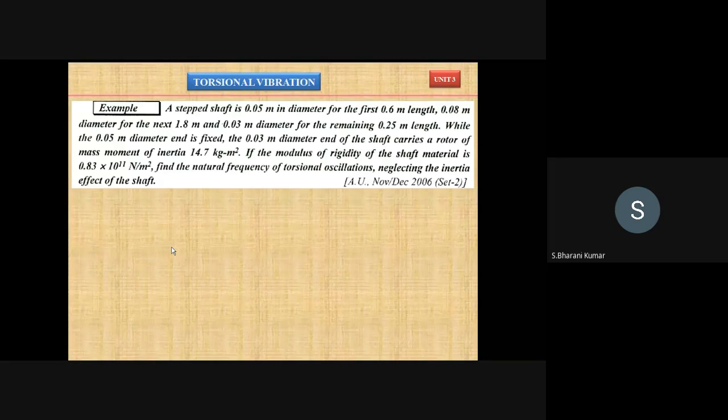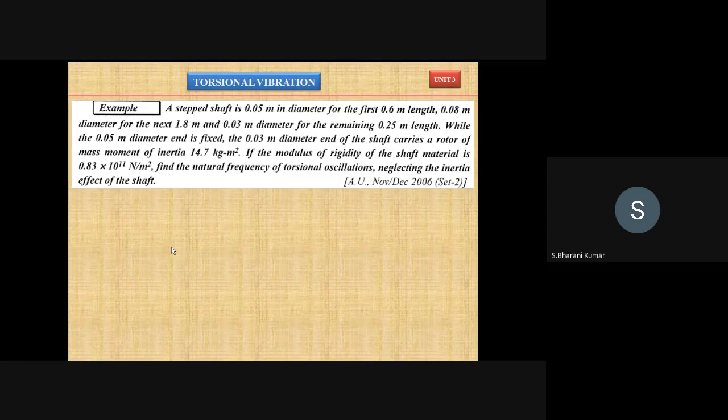While the 0.05 meter diameter end is fixed, the 0.03 meter diameter end of the shaft carries a rotor of mass moment of inertia, I, directly given as 14.7 kg meter square. The modulus of rigidity of the shaft material is given as 0.83 into 10 power 9 Newton per meter square. Find the natural frequency of torsional shaft motion, neglecting the inertia effect of the shaft.